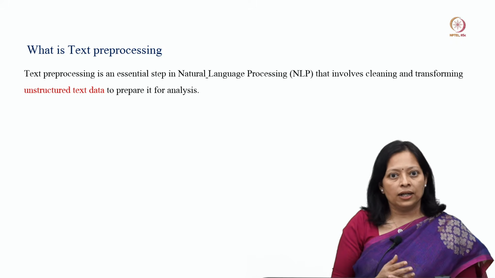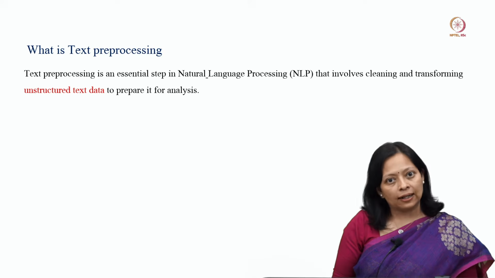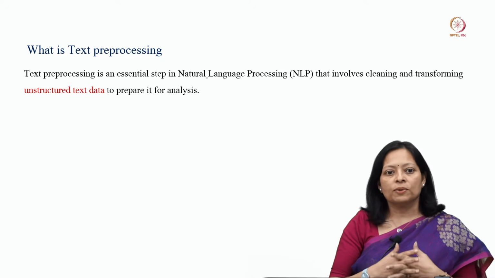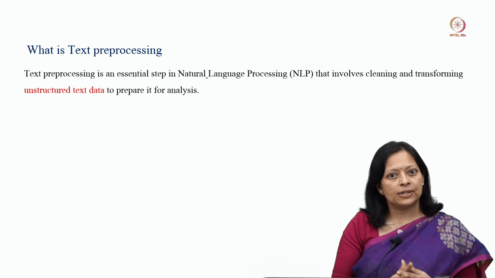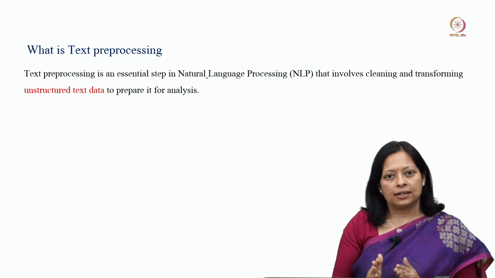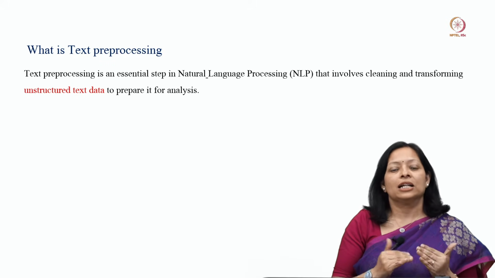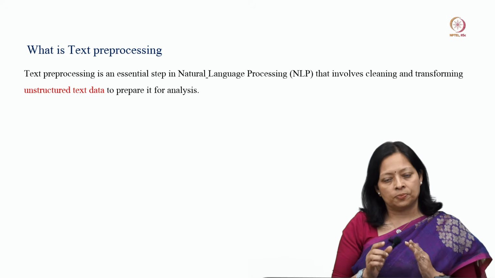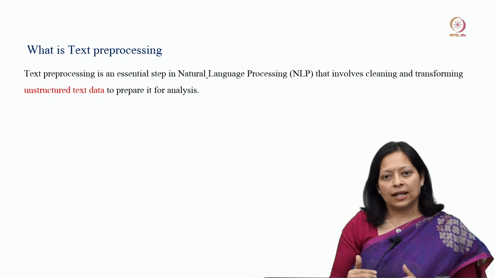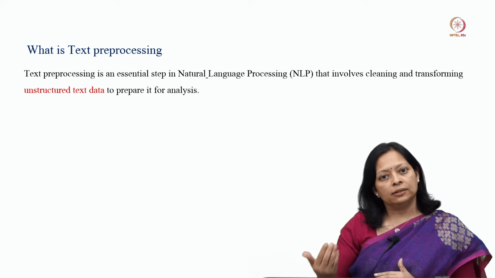Now when we are giving an input as text, the machine cannot understand text. So it has to be pre-processed in such a way that the machine understands what the text is conveying, what is the information present in that text. Based on that, the model will give the output.